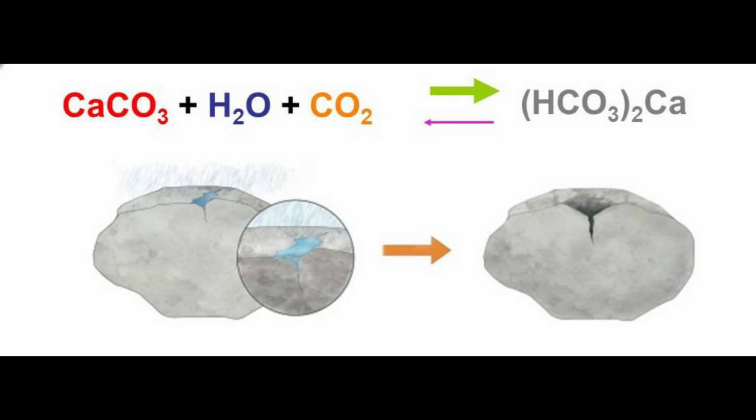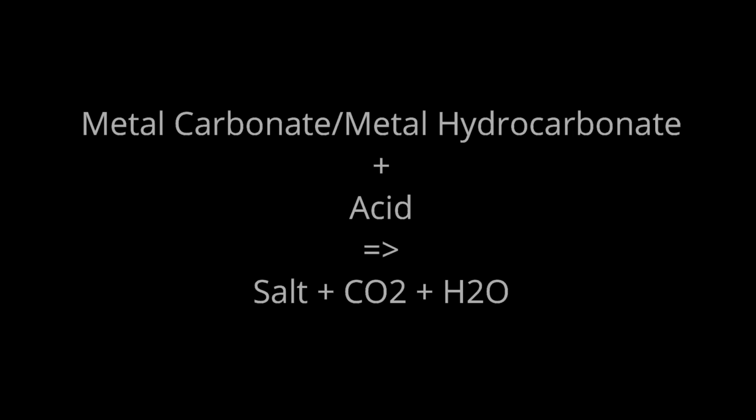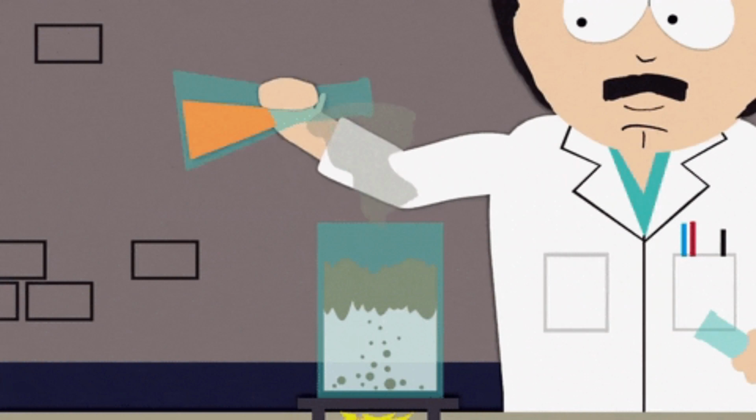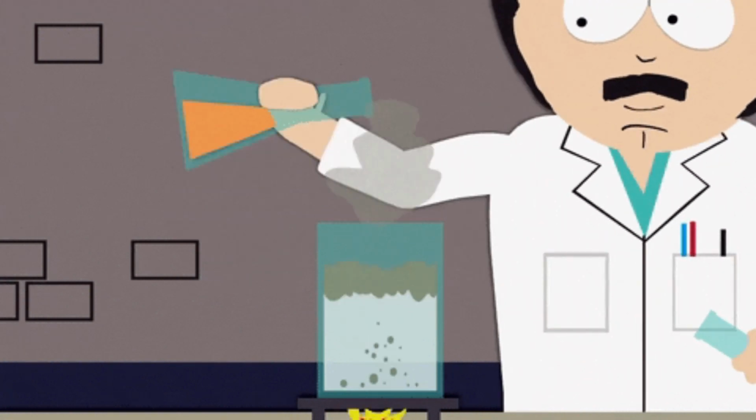I'm sure you must have observed the difference when we talked about acids and bases in all of these reactions. The acids reacted with metal carbonates and metal hydrogen carbonates to give us different compounds. But when it came to bases, they reacted with different compounds to give us a metal carbonate or a metal hydrogen carbonate.